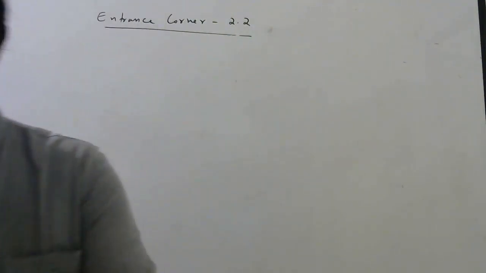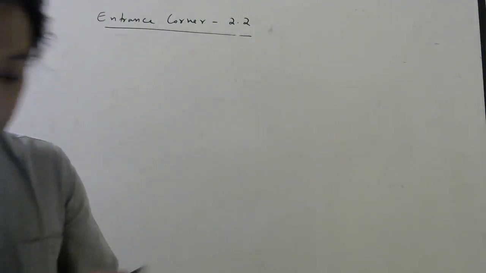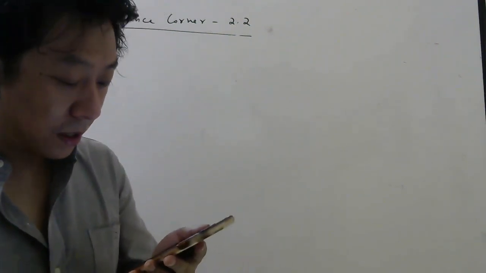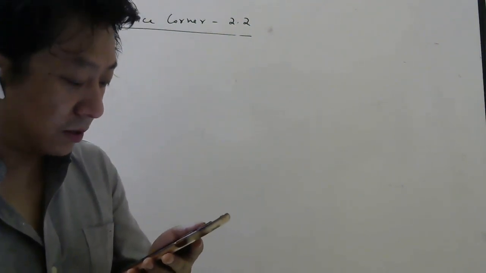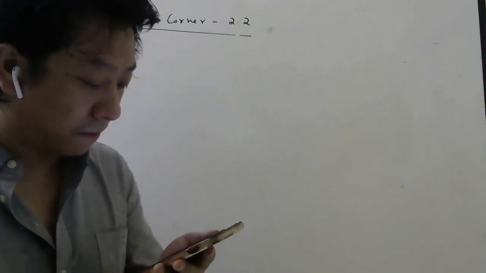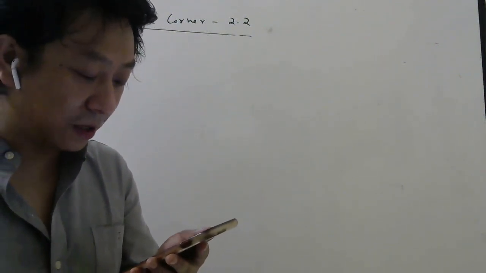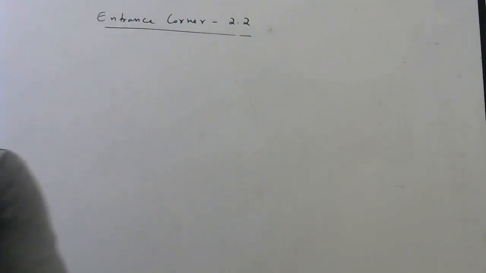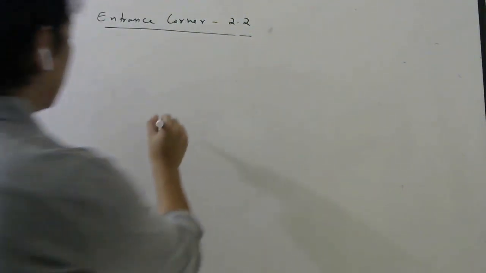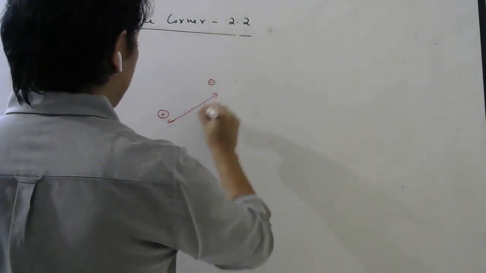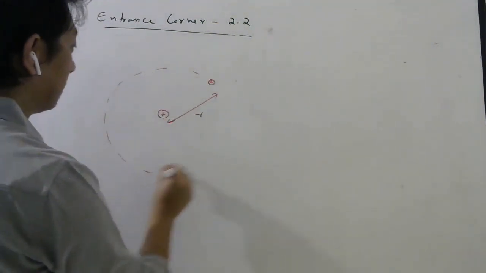In hydrogen atom, according to Bohr's theory, an electron revolves around a proton. If the radius of the orbit is 0.5 angstrom, what is the electrostatic potential energy of the electron-proton system? Simple problem. Since one is a proton and the other one is an electron, this is at some distance r, right?